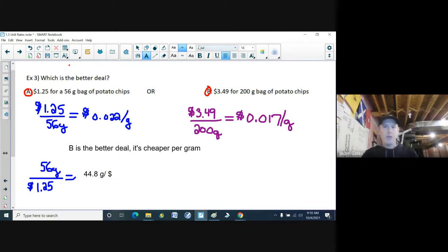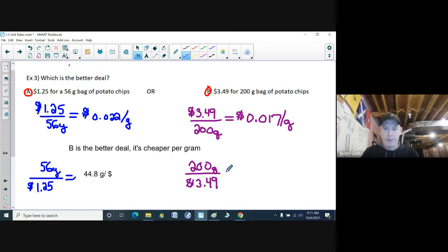All right, so now I'm going to do my other unit rate. Again, I'm going to do the grams divided by the dollars. I take my 200 grams divided by my $3.49.